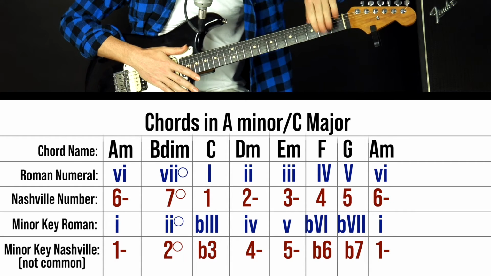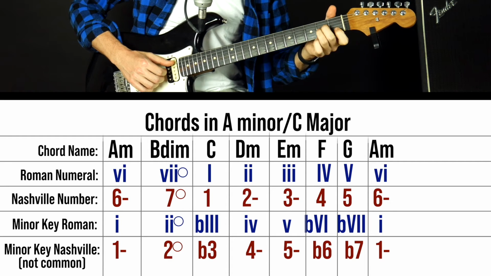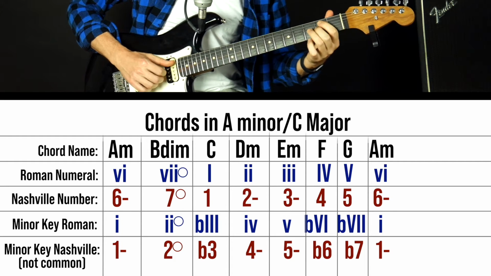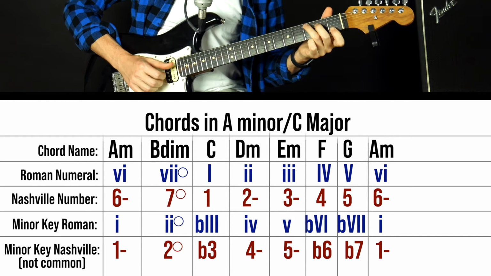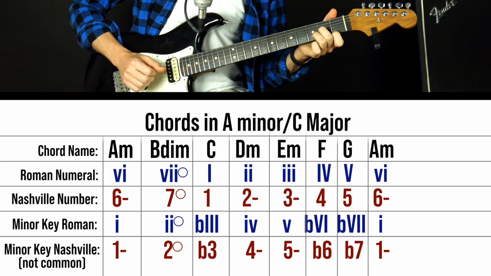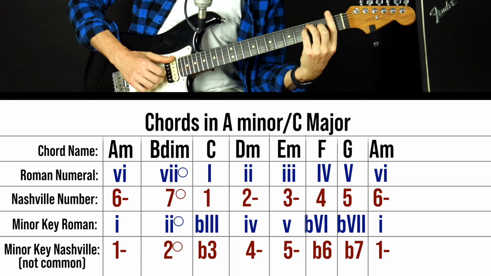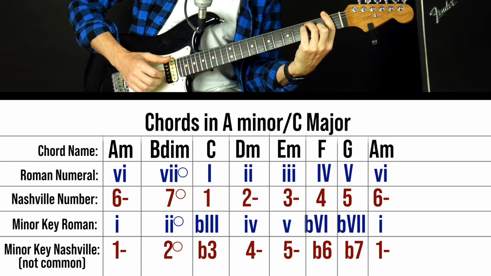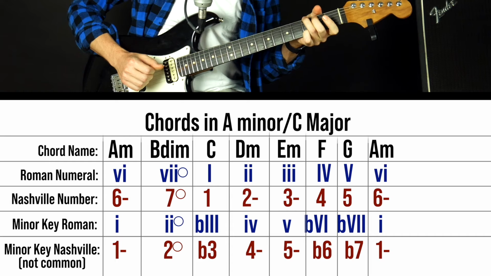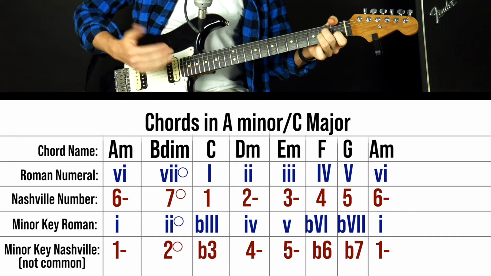So now looking at our relative minor and major chords, in A minor we can call this A minor 1 minor, B diminished 2 diminished, C major flat 3 major, D minor 4 minor, E minor 5 minor, F major flat 6 major, G major flat 7 major, back to A minor 1 minor.